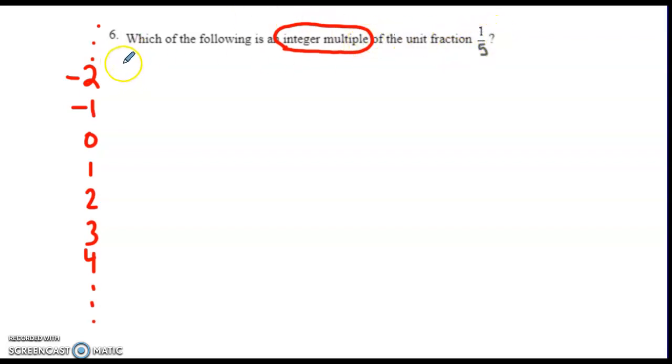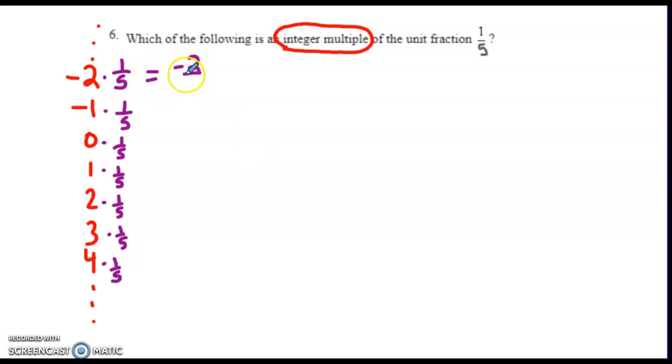So if we just try some of these, I'm going to go through and multiply 1/5 by each of these. Oops, I'm going to have to write really small. Just to see what some of my multiples are. And I'm doing this in a calculator. I know you can't see it on the screen, but -2 times 1/5 is -2/5.